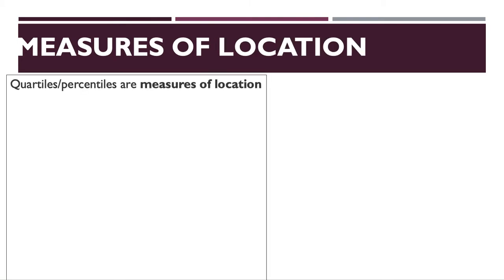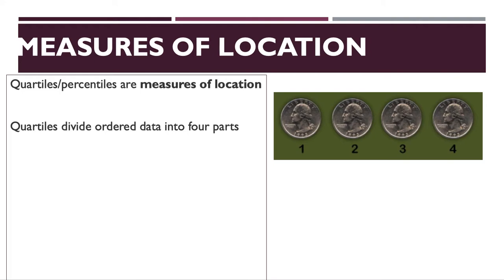Quartiles and percentiles are considered measures of location. The reason quartiles have this name is because they divide ordered data into 4 parts. To understand this further, let's think about quarters. We know it takes 4 quarters to make $1 because each quarter is worth 25 cents.